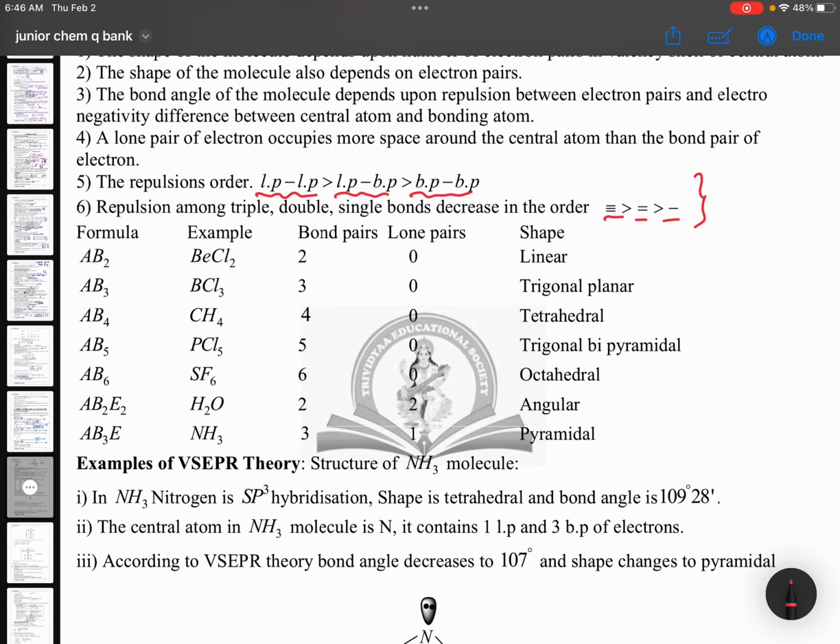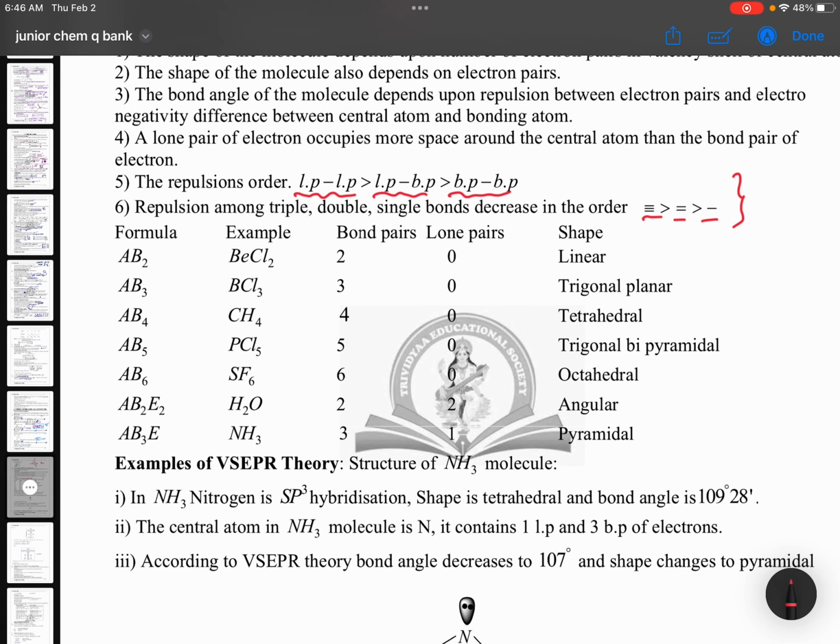Okay. If the number of electron pairs are, you see here, 2 bond pairs, 0 lone pairs, example is BeCl2, linear. 3 bond pairs, AB3 type, BCl3, trigonal planar. 4 bond pairs, tetrahedral. 5 bond pairs, trigonal bipyramidal. 6 bond pairs, octahedral. 7 bond pairs also you can add.